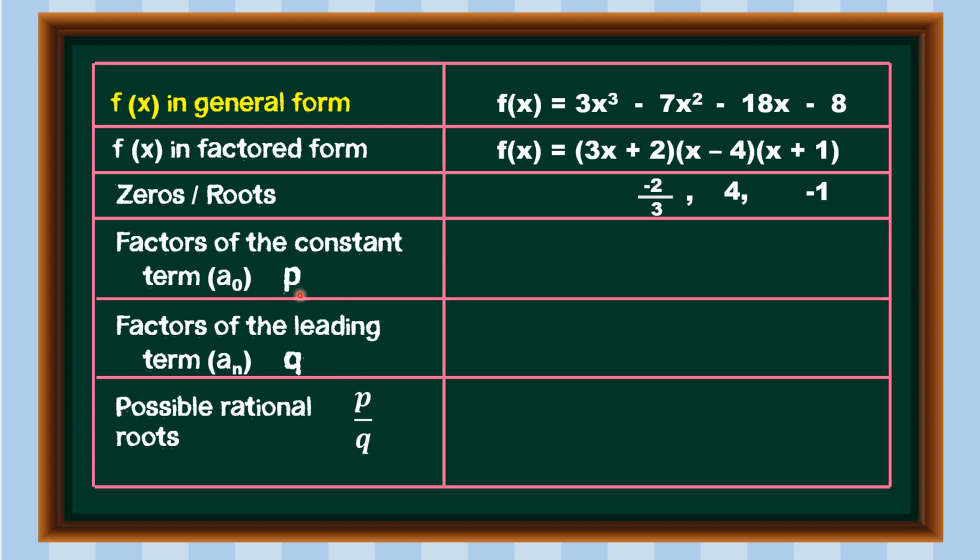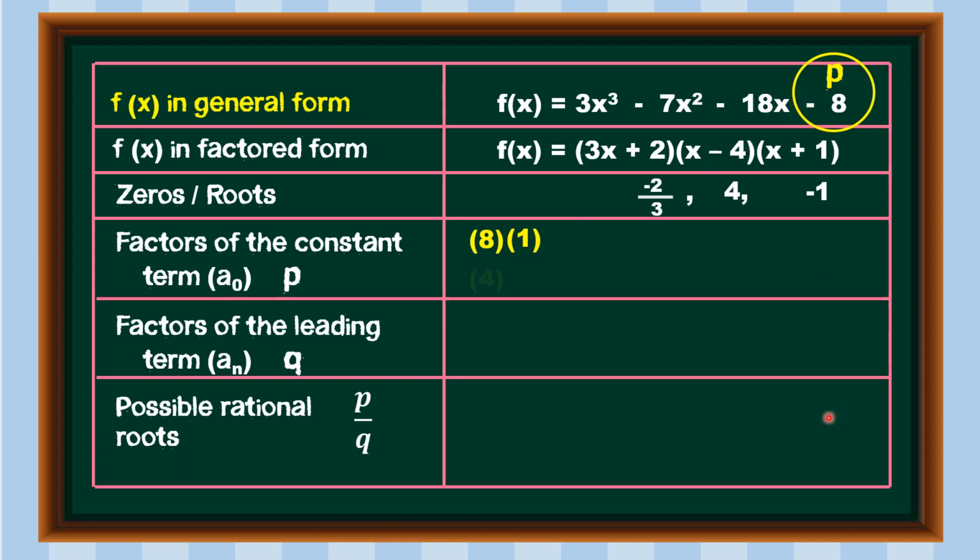Ayan. Now, what are the factors of the constant term a sub 0 or yung natawag nating p? Saan nga ba makikita yung p? Ayun, yung ating constant term. So, ang p natin, ang mga number na pwedeng i-multiply para maging 8 ay, di ba, pwedeng 8 times 1. Ano yan, pwedeng positive 8 times negative 1 o kaya negative 8 times positive 1, di ba?